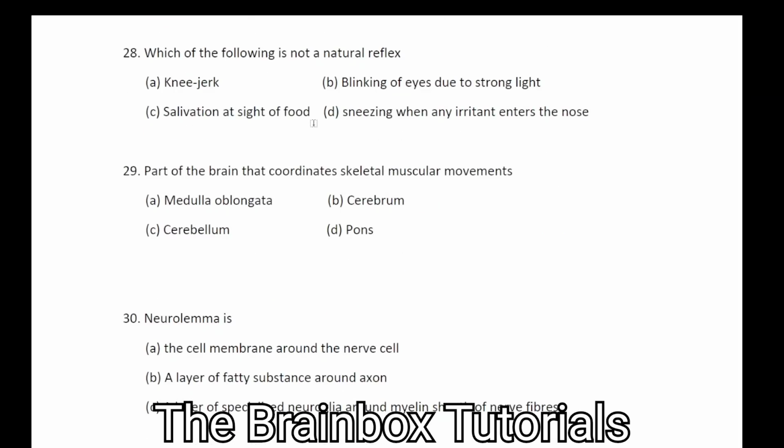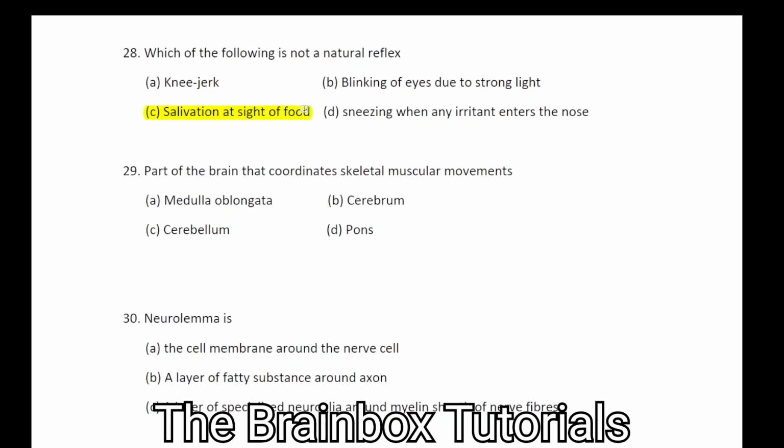Number 28. Which of the following is not a natural reflex? Option A knee jerk, option B blinking of eyes due to strong light, option C salivation at sight of food, and D sneezing when any irritant enters the nose. And the correct option is salivation at sight of food.